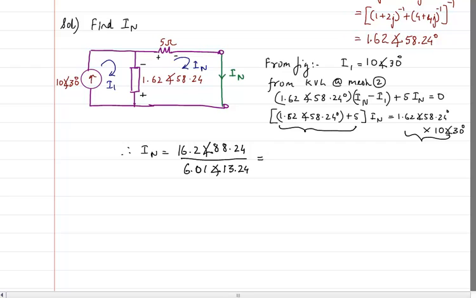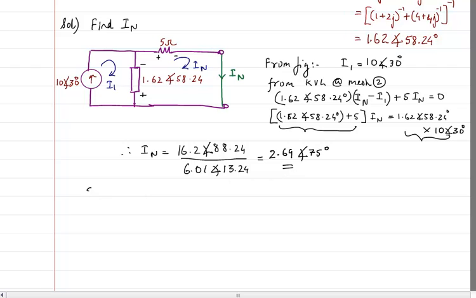This division gives me the value of IN as 2.69 with an angle of 75 degrees. So I have found IN. Remember, I have used the mesh analysis method. You can use nodal analysis, or even the current division rule. So that was the first step.